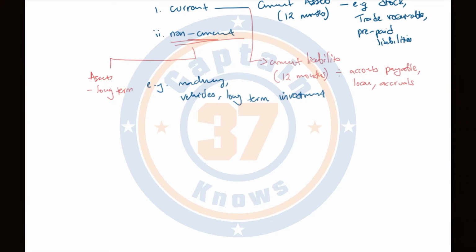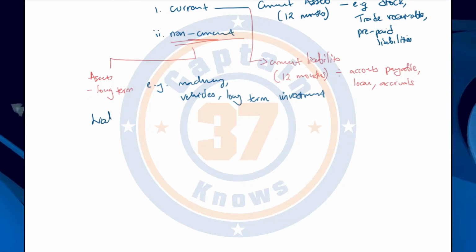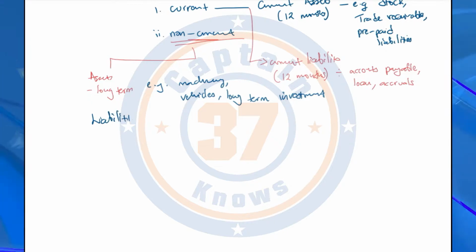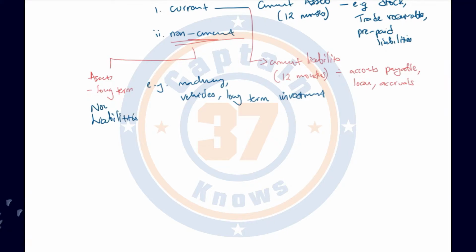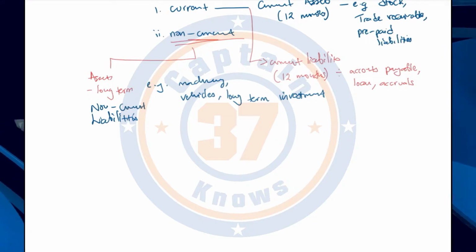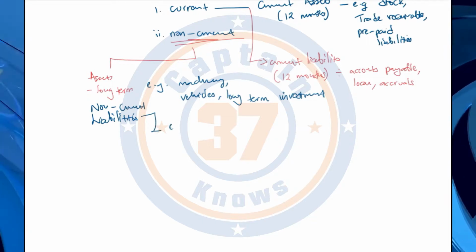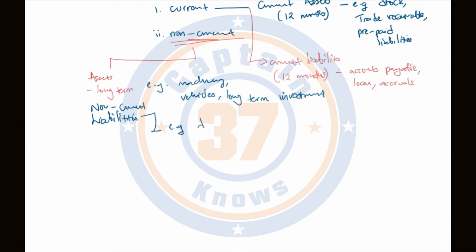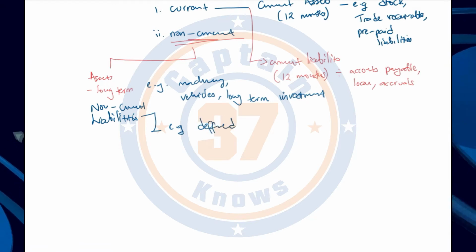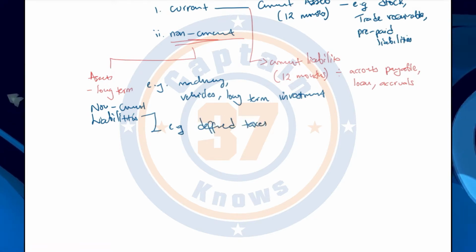And then when we talk about non-current liabilities, we are talking about things such as deferred taxes. I hope that's the correct spelling of deferred taxes.